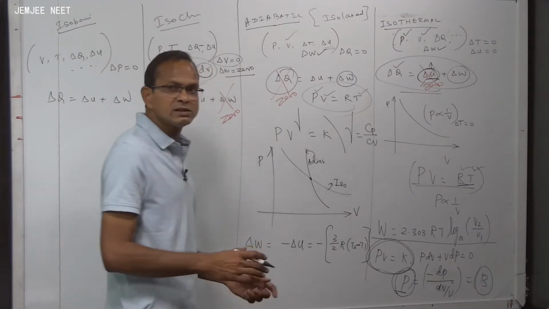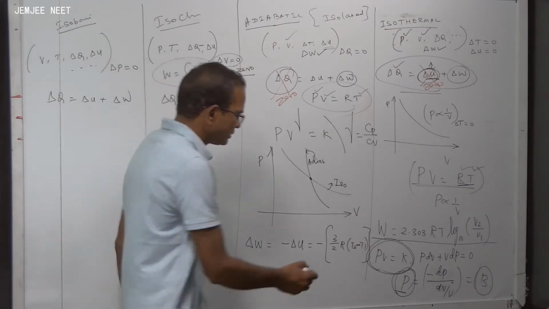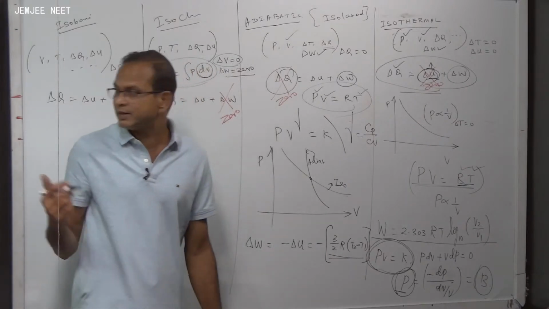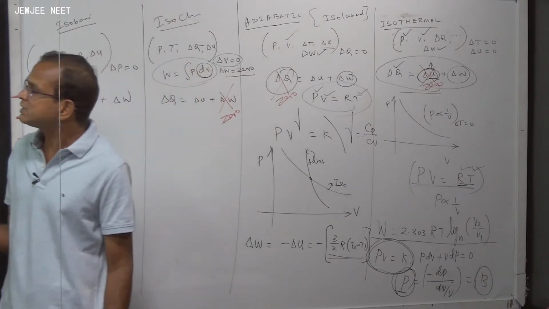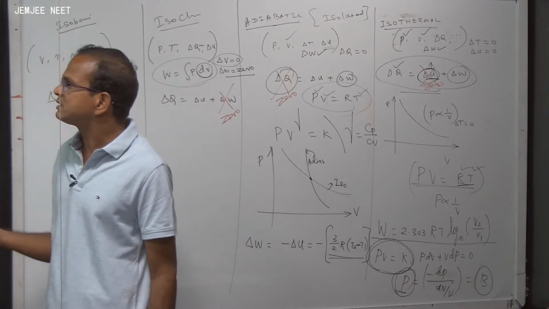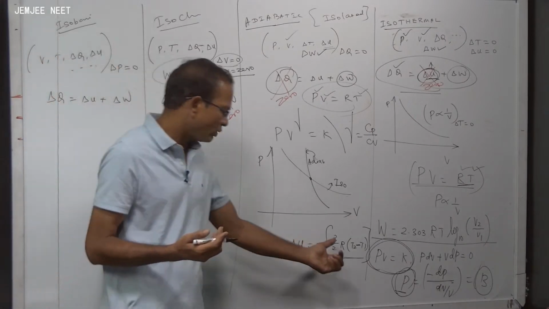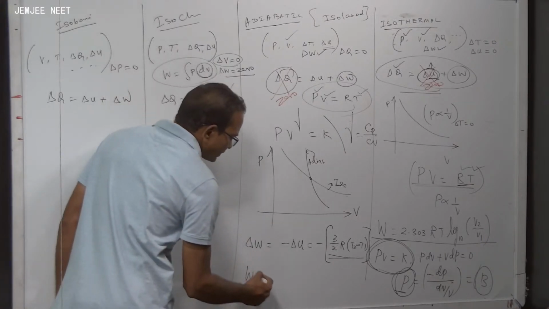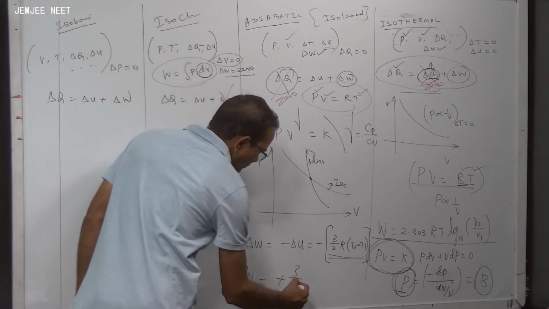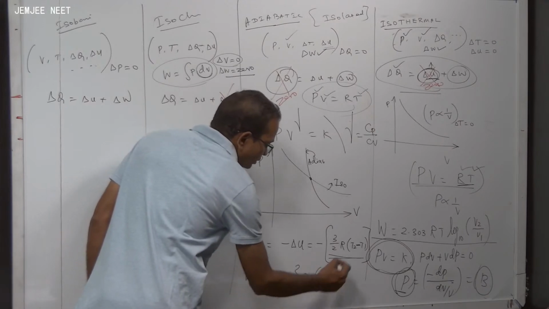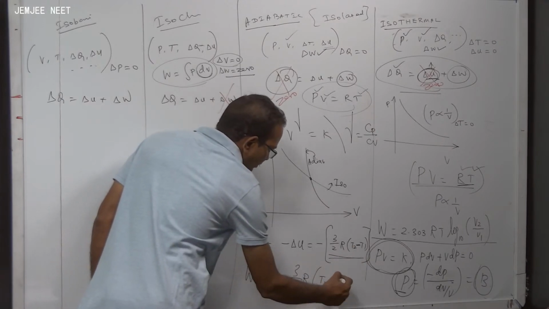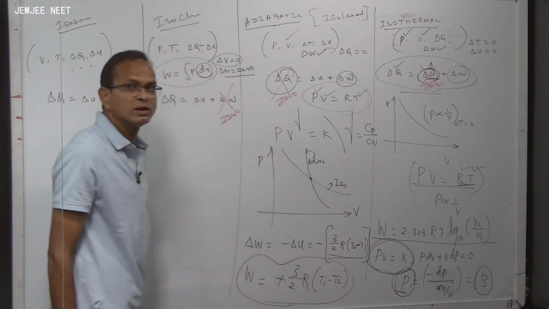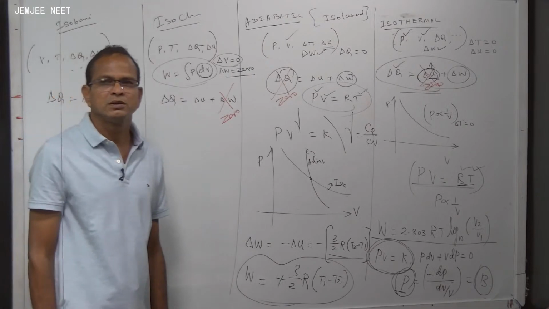For a diatomic gas, 5 by 2 R times T2 minus T1, because this is the change in internal energy. Please check the internal energy formula we derived on the other side. I am using 3 by 2 because I am using monatomic for the time being. Therefore, work done is plus 3 by 2 R times T1 minus T2. This is the work done in an adiabatic process.